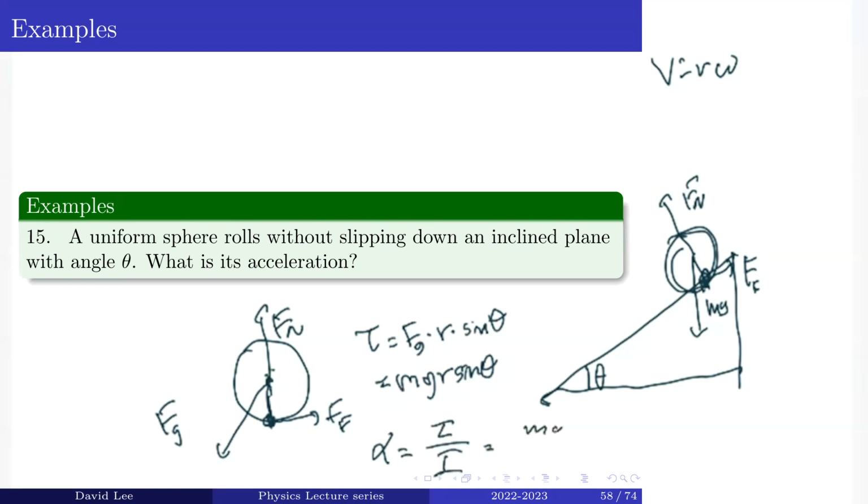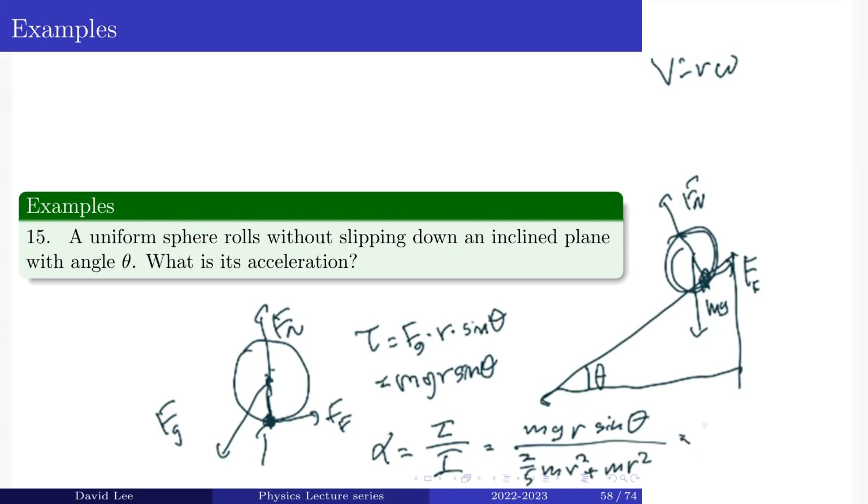Well, what is I then? To find I, notice here I is the moment of inertia around the contact point. So we have to use the parallel axis theorem. It'll be the 2/5 mr squared plus an additional mr squared because the contact point is a distance r away from the center.